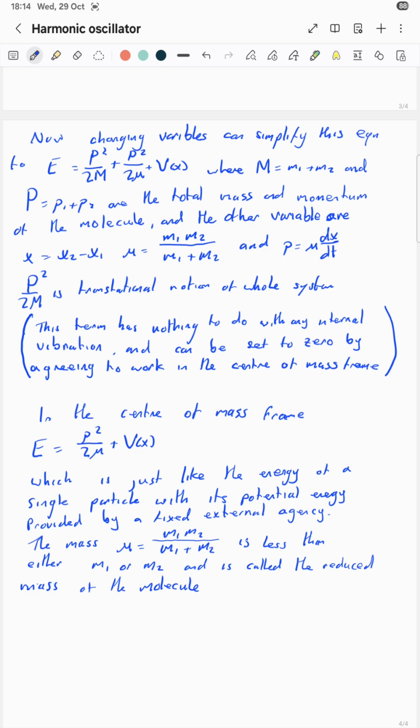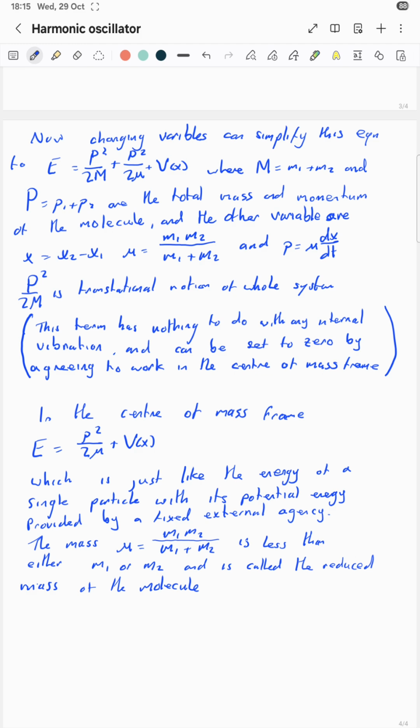The other variable x is x2 minus x1, and mu is mass 1 multiplied by mass 2 divided by mass 1 plus mass 2. And p equals mu dx by dt, and now P squared over 2M is the translational motion of the whole system.